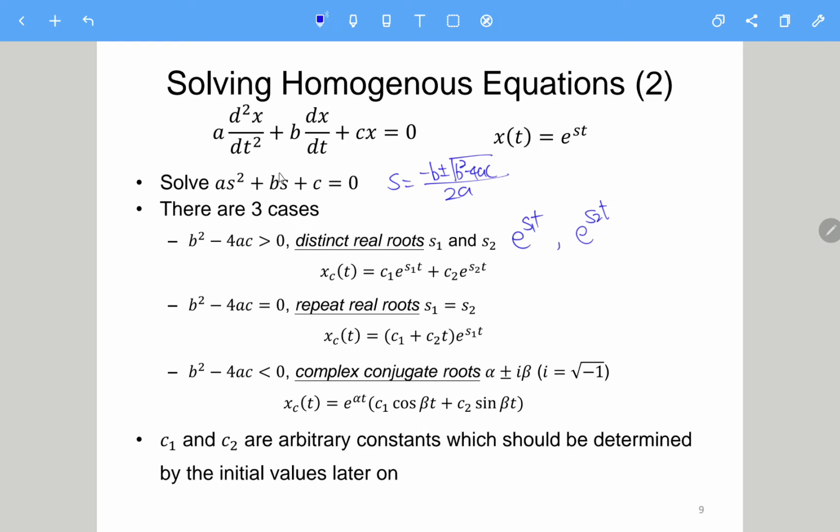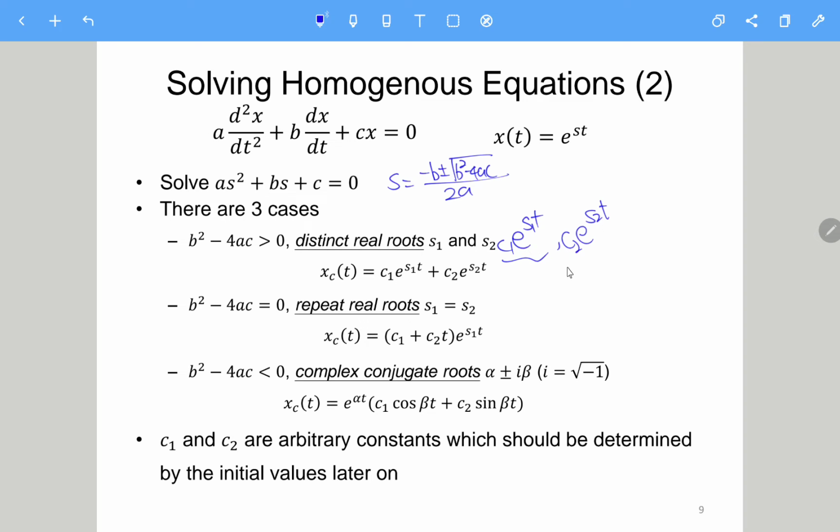Okay, and if you still remember, it is linear, which means that if we just multiply this function by a constant, just say c1, this one should still be the solution to this equation. And likewise, we can just multiply c2 to this one, exponential to s2t. These are all solutions of this homogeneous equation.